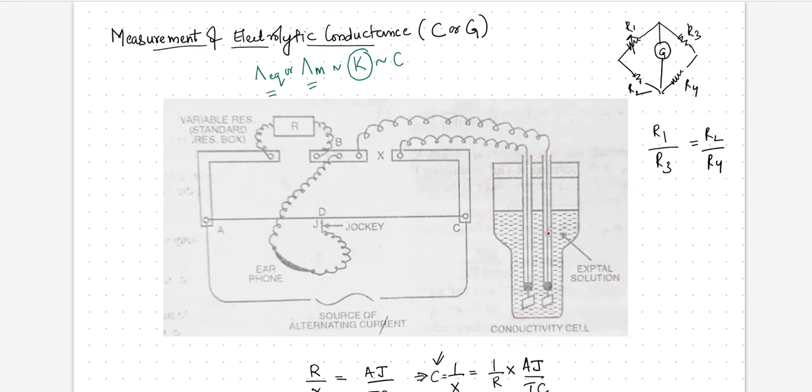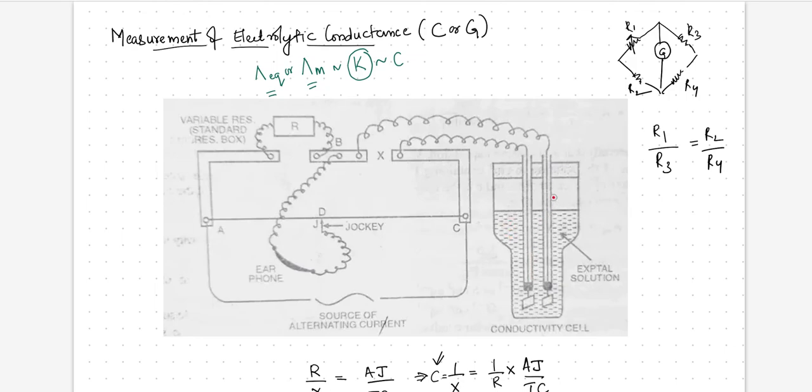This conductivity cell contains two platinum electrodes, which are contained in a glass made of Pyrex. The electrolytic solution for which you are measuring the conductance is kept in this cell.